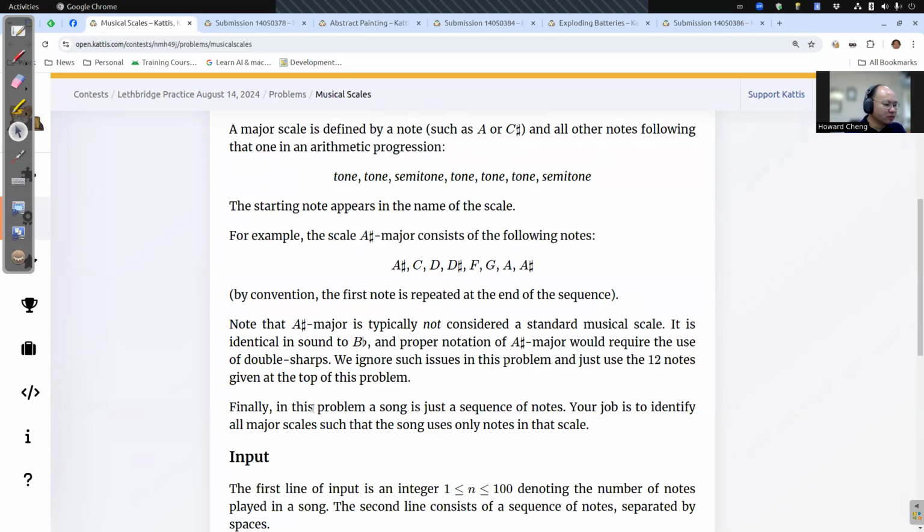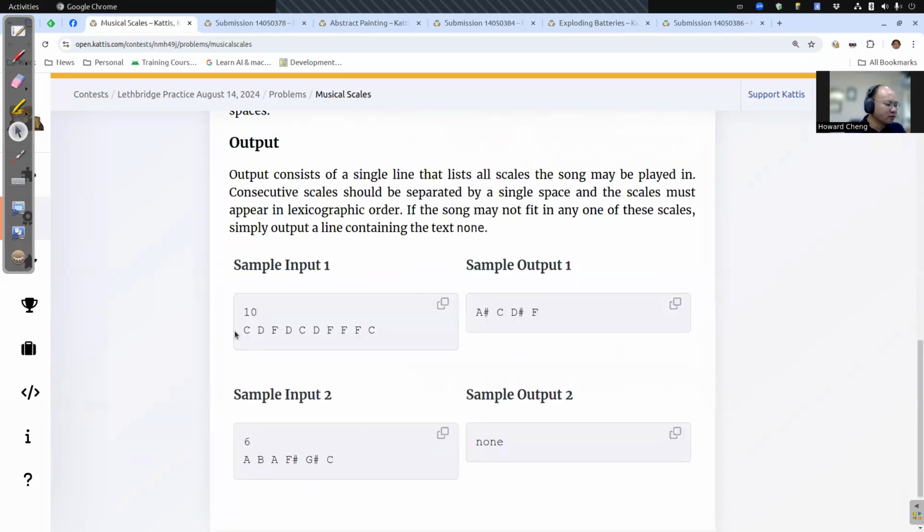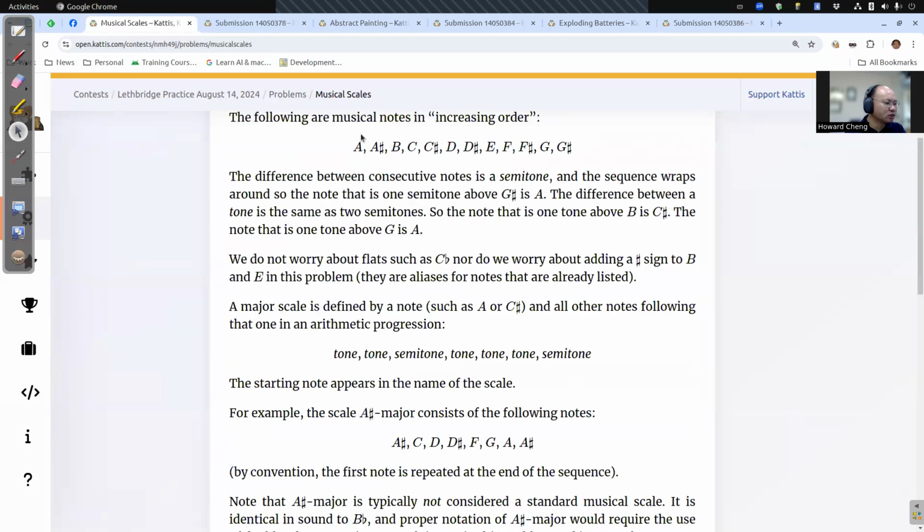Finally, in this problem, a song is just a sequence of notes. Your job is to identify all major scales such that the song uses only notes in that scale. So basically, you can only have at most 12 different scales, right? Because there are only 12 starting points.